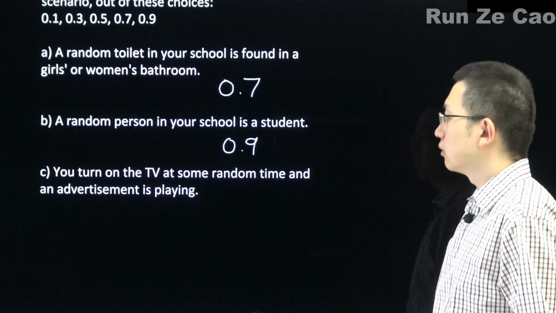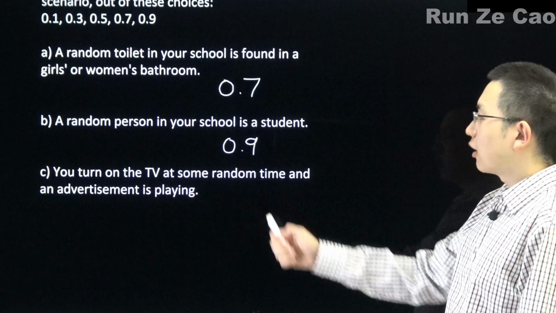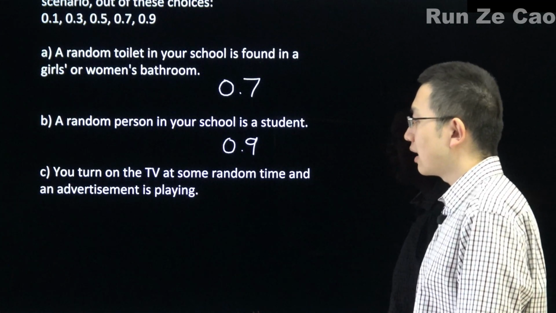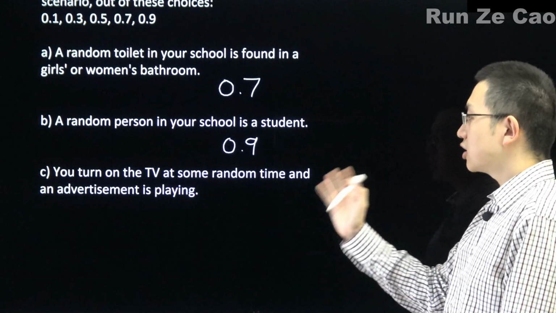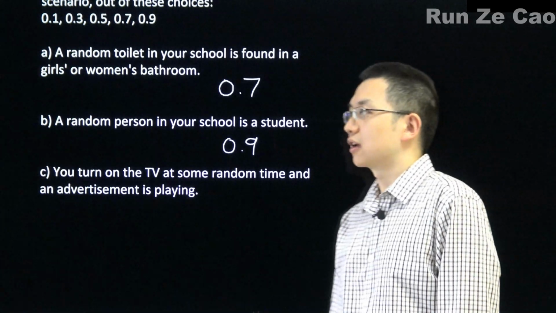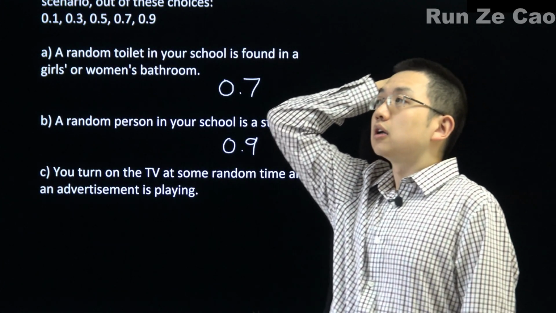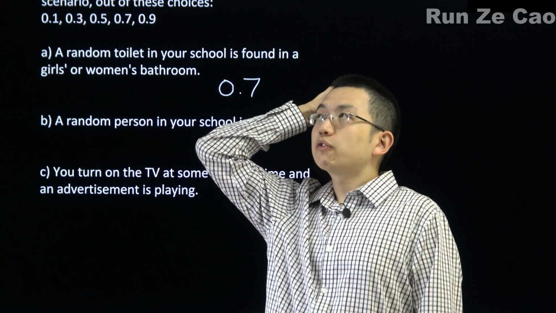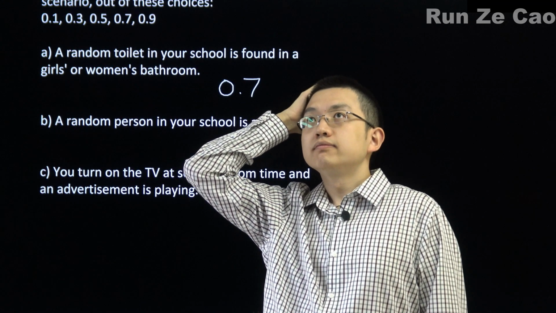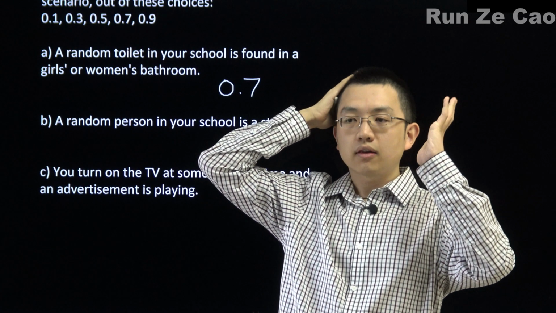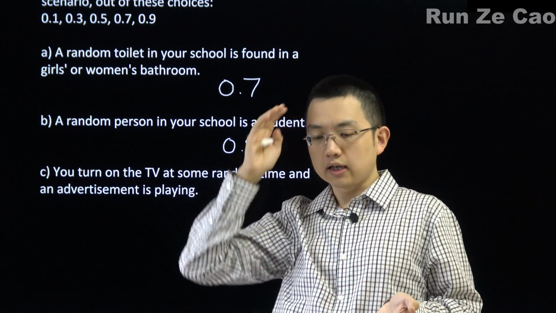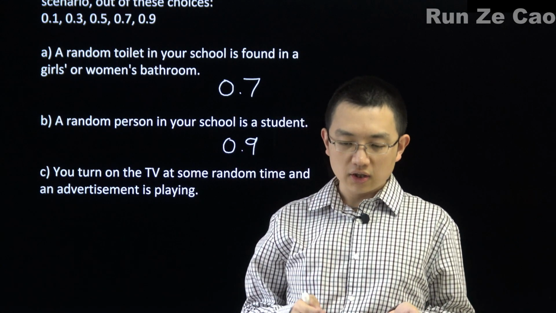How about we turn on the TV at some random time, and what's the chance that there's an advertisement playing? Let's think about this. Well, for a half-hour TV show, you have advertisements at the beginning and end, and you have intermission in the middle.